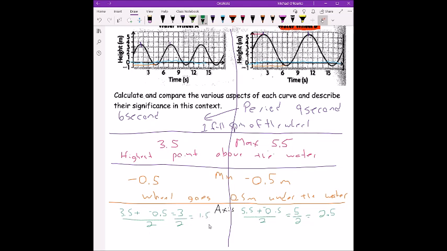Good. What does that mean in real life terms? No, radius is the next one, right?